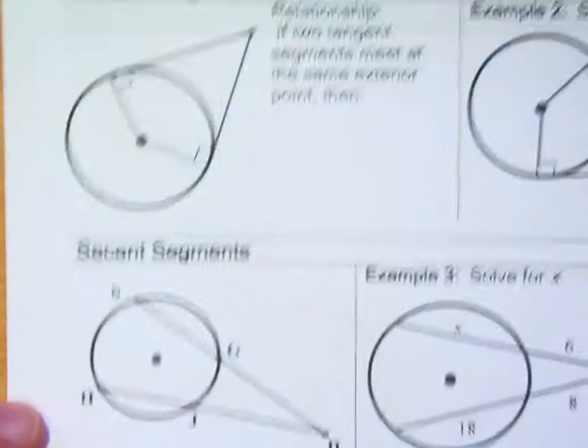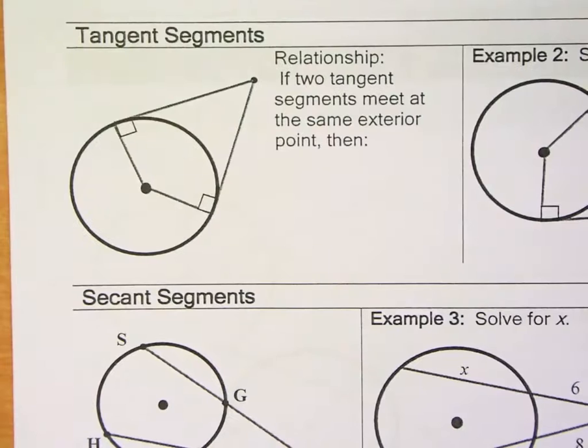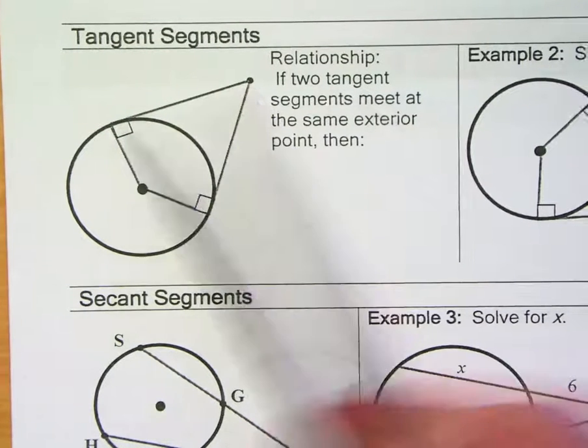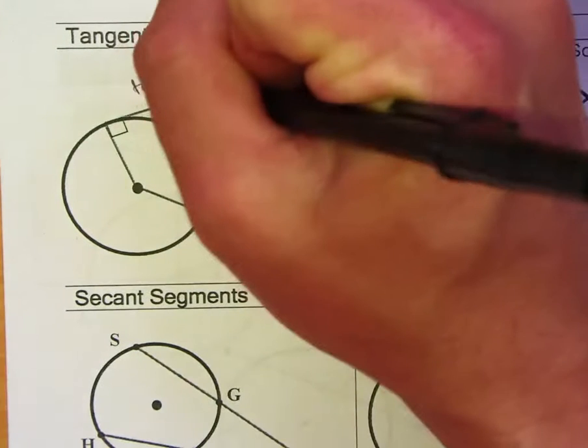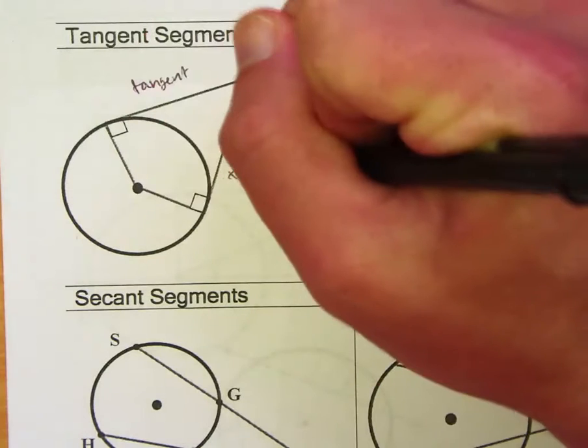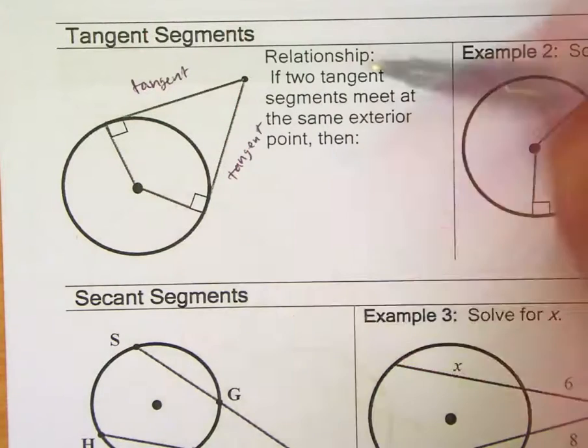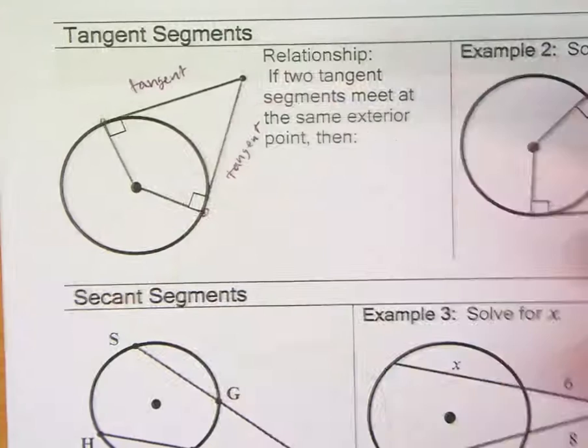Again, dealing with tangents and secants today. Here is when we have two tangent segments. If you have two tangent segments, here's a tangent, here's a tangent. Why are they tangents? Because they touch exactly once.